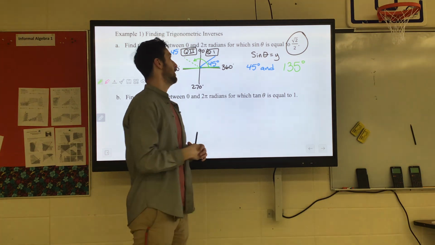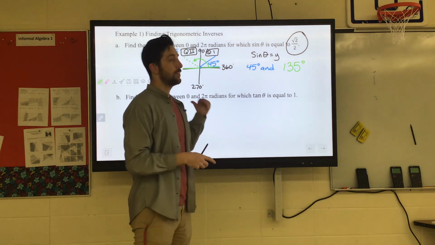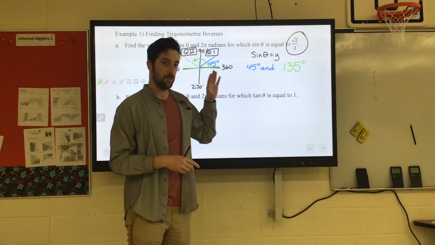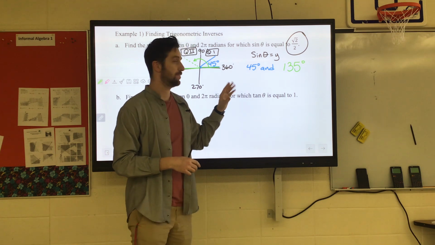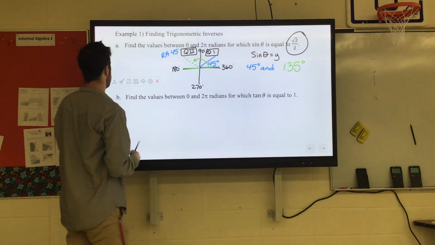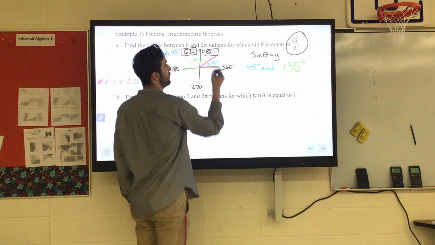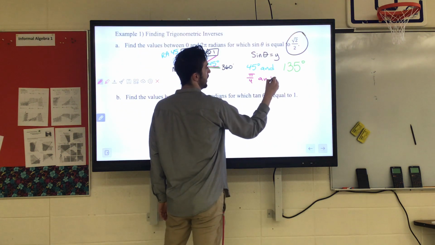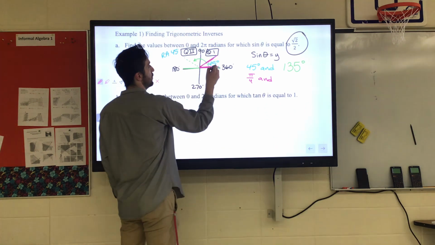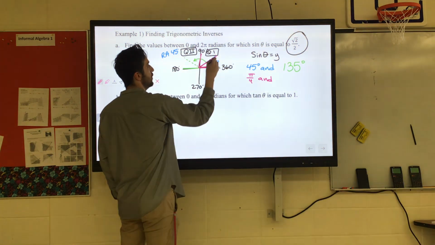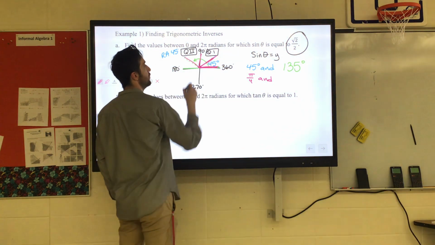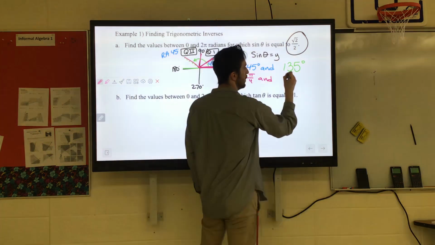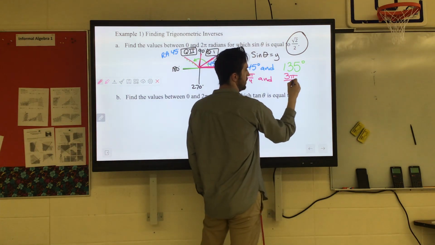Now remember, anytime you have that 45-degree reference angle, those are like fourths of pi. So 45 degrees is 1/4, so it'd be pi over 4. So here's 1/4, 90 degrees is 2/4, 135 would be 3/4, so 3 pi over 4.